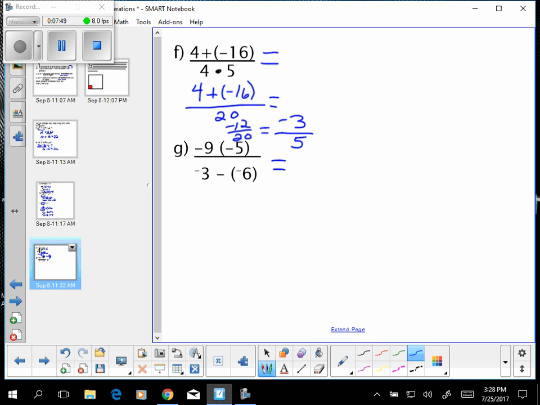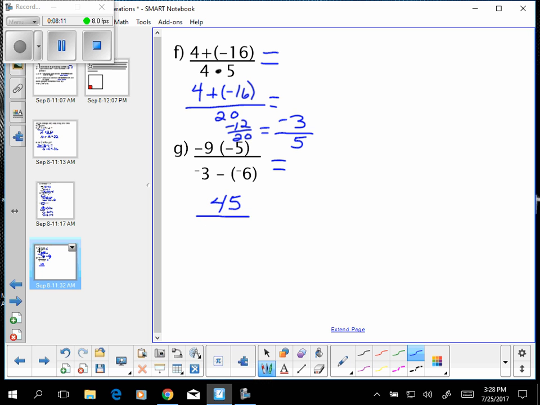In problem G, we're again working with kind of a fraction type of problem. This is actually called a rational number. Here, because the multiplication is in the numerator, I'm going to start with the numerator. And negative 9 times negative 5 is positive 45.